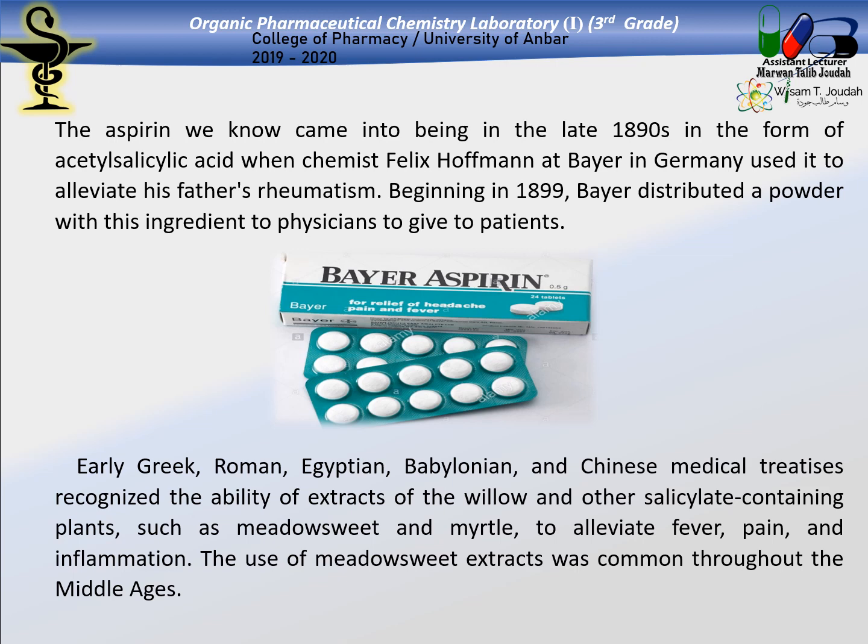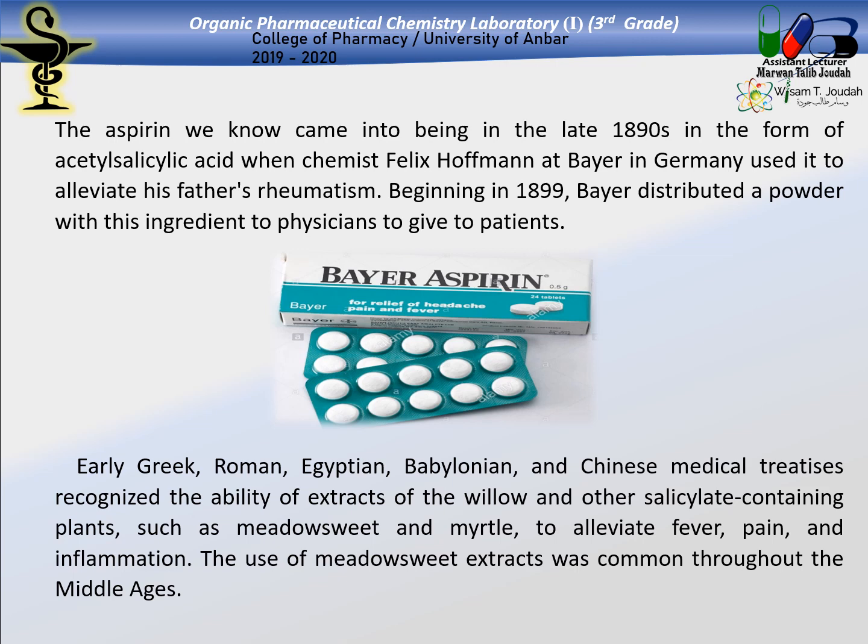In early Greek, Roman, Egyptian, Babylonian, and Chinese medical treatises, the ability of extracts of the willow was recognized. Willow is what we call الصفصاف, willow trees, and other salicylate containing plants.